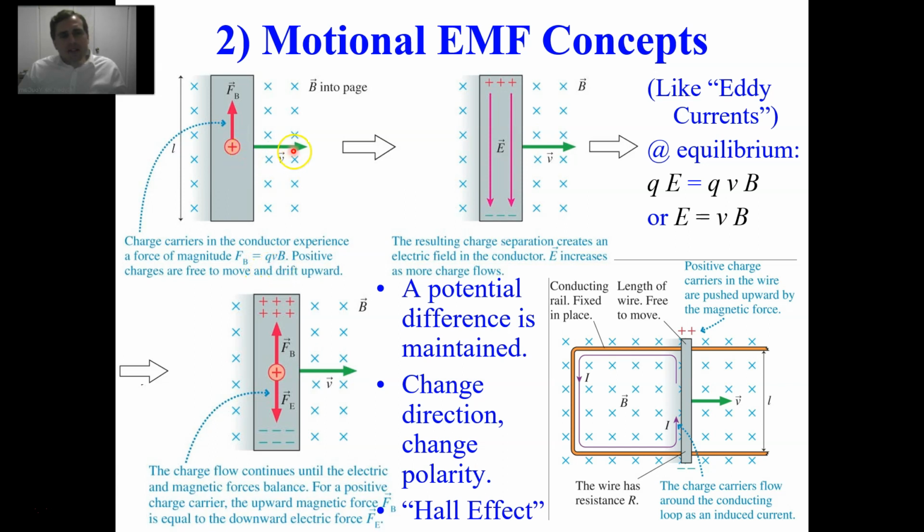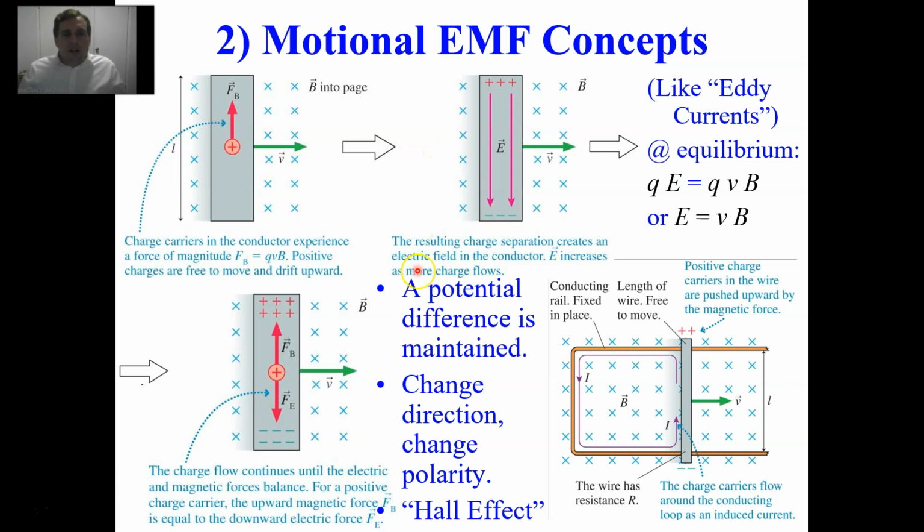Well, if the velocity is to the right, and if the magnetic field is into the page, you can imagine there's a bunch of free charges, or at least loosely bound charges on that conductor. So that's essentially QV cross B, and the thumb points upward. So positive charges should collect toward the top of this conductor, whereas negative charges should collect toward the bottom of this conductor by just the opposite direction of the magnetic force.